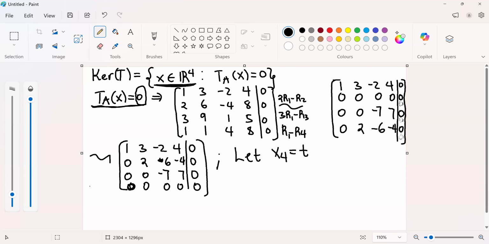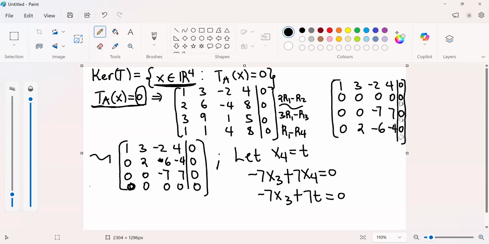If x4 is t, then look at the third row. When I look at the third row, I have -7 and 7. So that is the same as -7x3 plus 7x4 equals 0. However, x4 is t, so this will be -7x3 plus 7t equals 0.